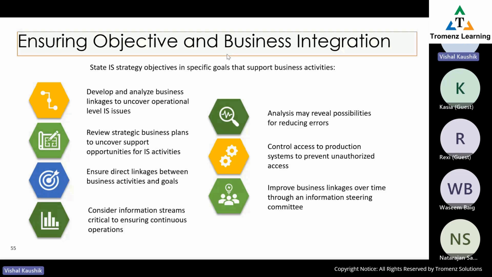Then we have the information itself, services, infrastructure, and applications. So the infrastructure talks about the telephones and all the networks, the routers, etc. The services that you offer and the applications. Then we have the people, skills, and competencies.